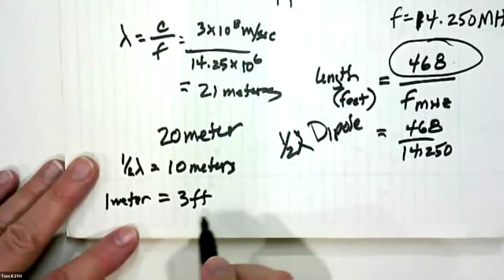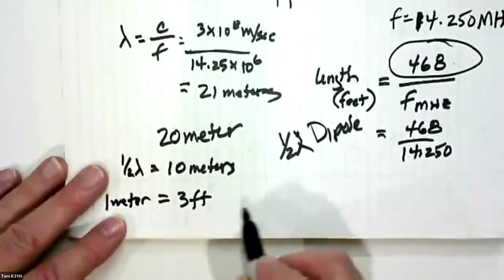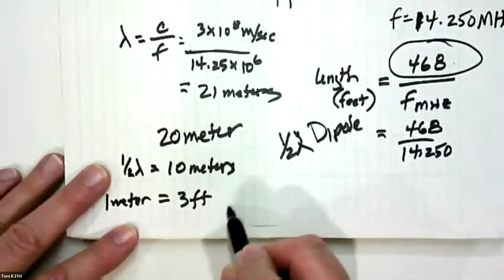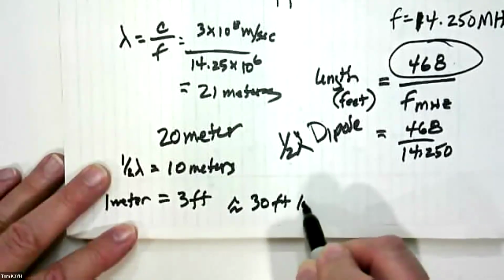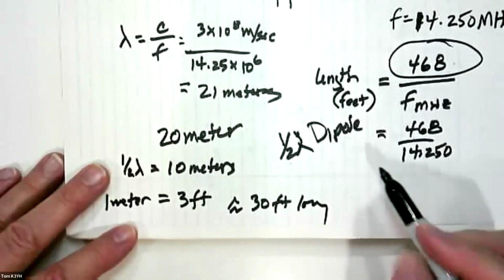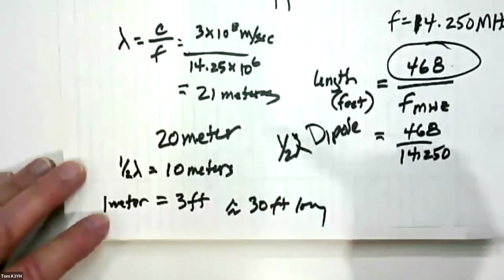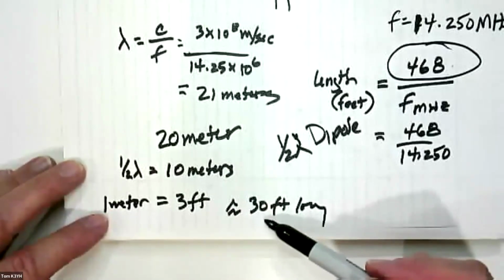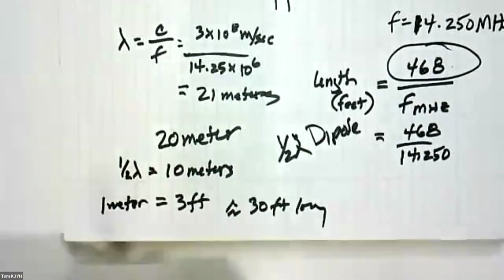A little more, but close enough. Engineering approximation. Okay. So a 20-meter dipole should be about 30 feet long. Now, it's not really 20 meters and it's not really 3 feet. So 30 feet is not the right answer, but it tells you what the answer ought to be.